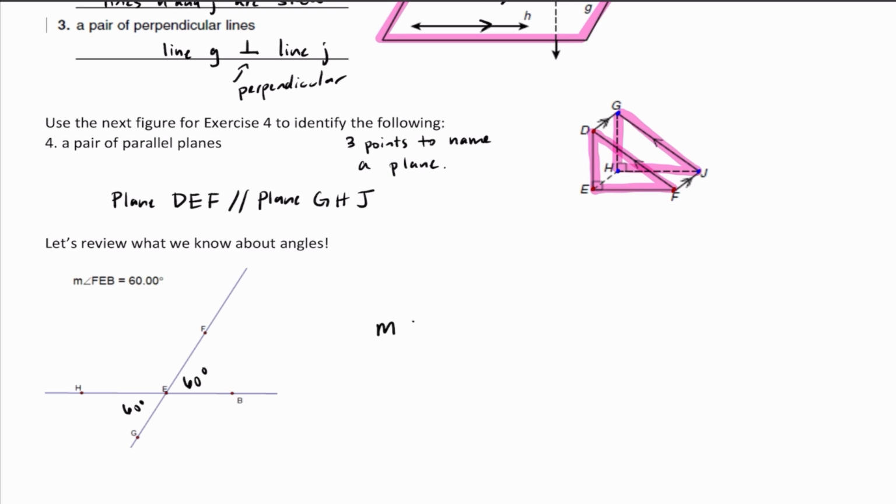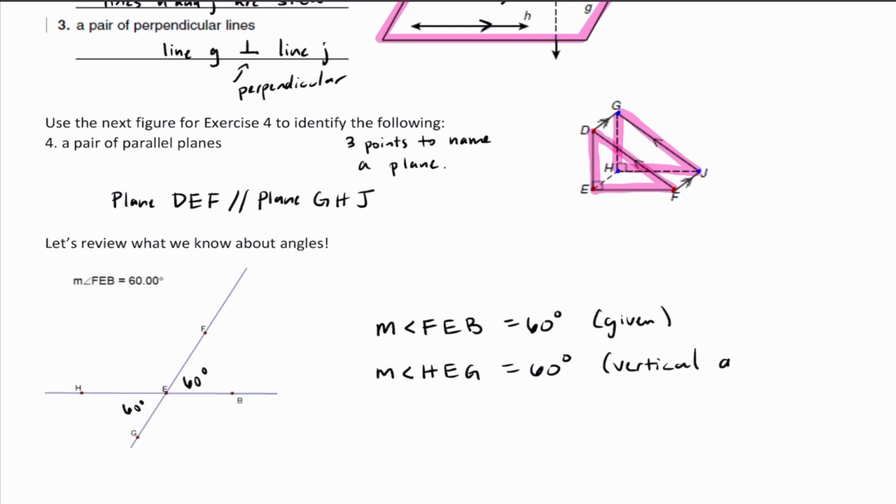So the measure angle FEB is 60 degrees, and that's a given. The measure angle HEG is 60 degrees as well, because of vertical angles.